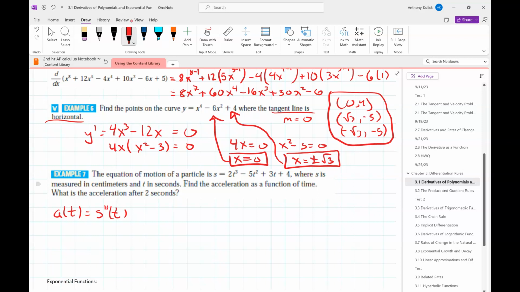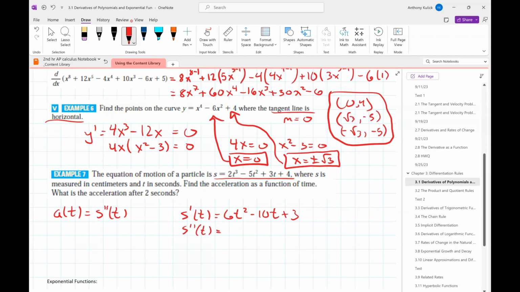So let's find the derivative of position, which is 6t squared minus 10t plus 3, and then plus 0. I don't ever write the plus zeros, but you're welcome to do that. It's not wrong. Acceleration is the second derivative.